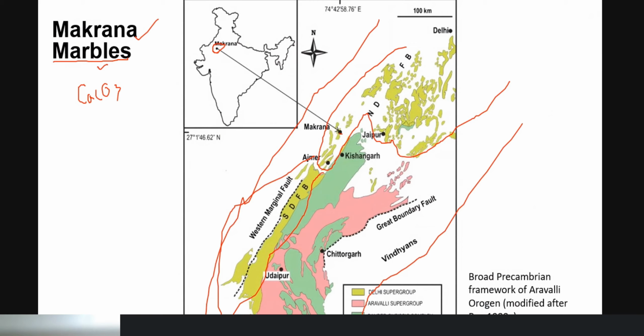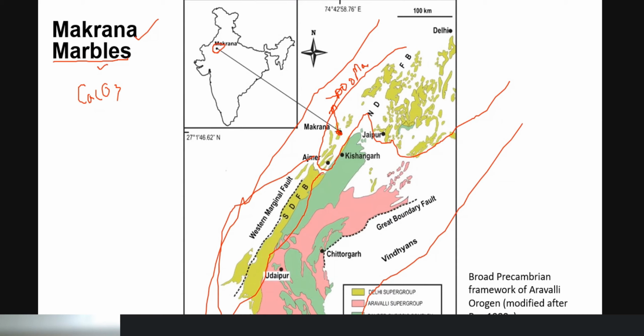So we have extracted it from here, and the age of these marbles is more than 1000 million years. These marbles have been formed through metamorphism over more than a thousand million years.